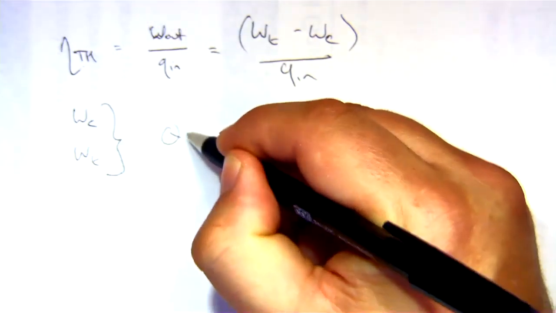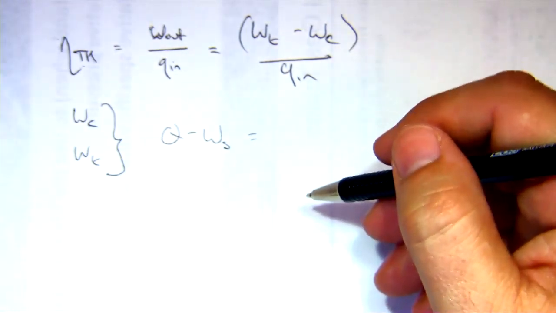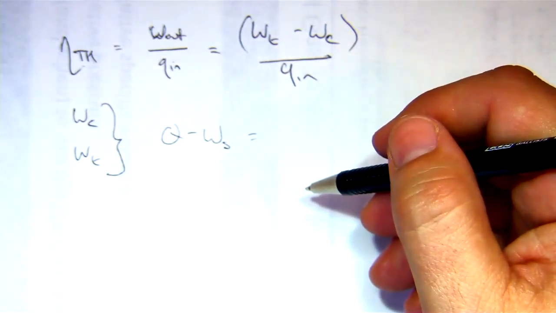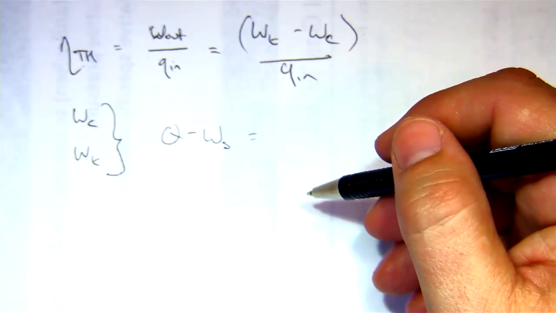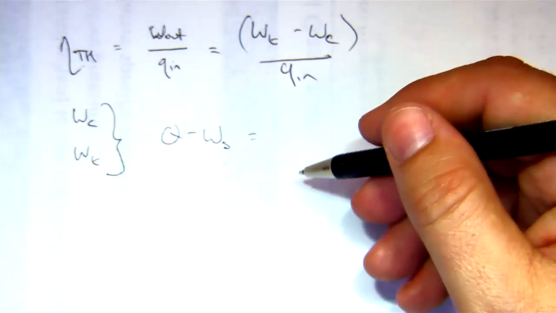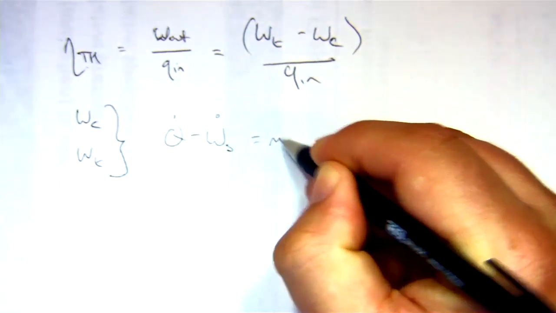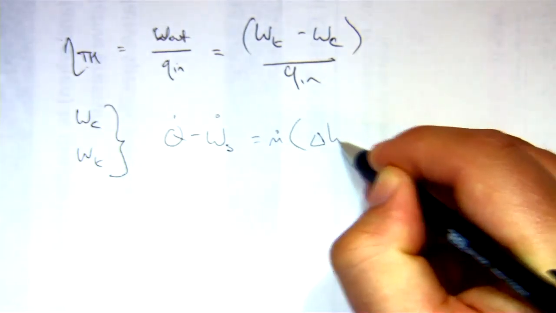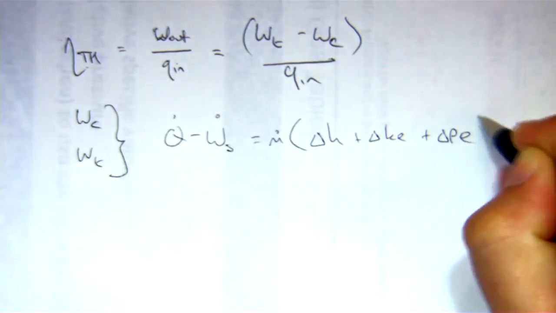If I go Q minus W shaft equals, is this a steady flow or a closed problem with steady mass? Steady flow problem. And so this statement becomes m dot times delta H plus delta KE plus delta PE.